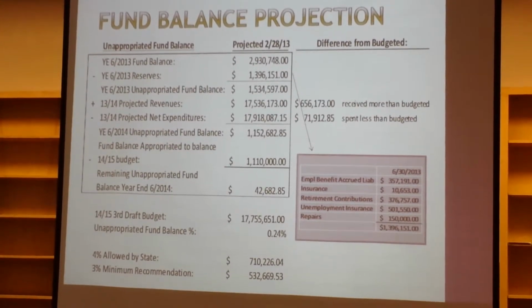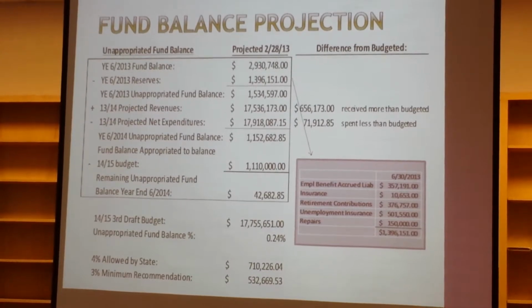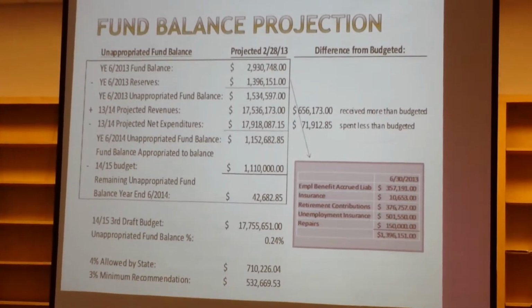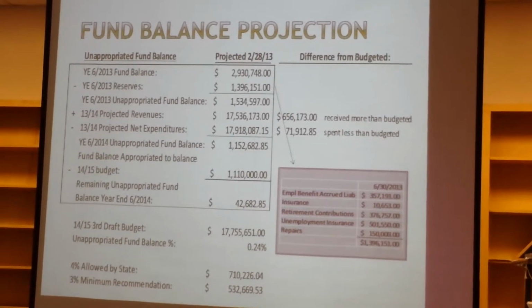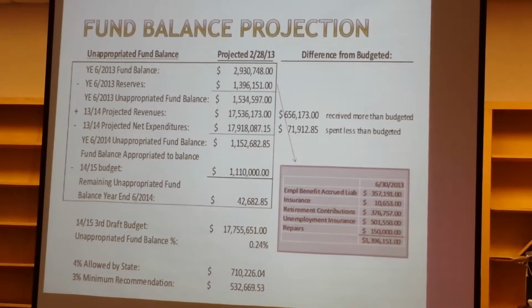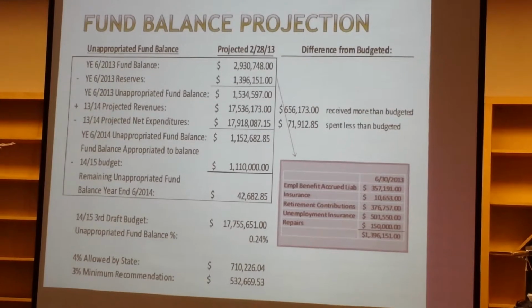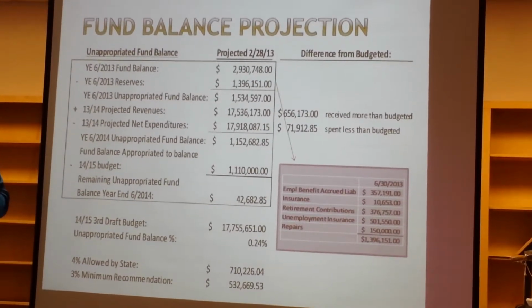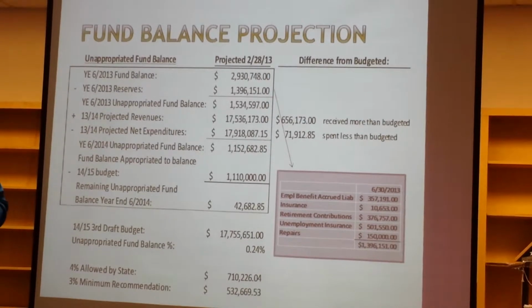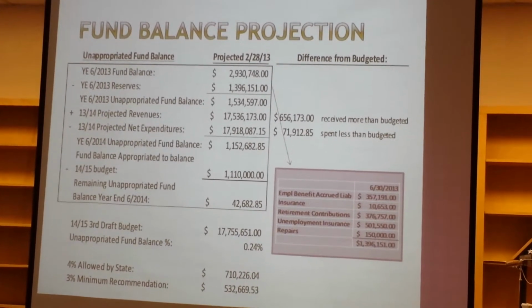And this is what we were left with at the end of June for unappropriated funds. From that, we take this year's projected revenues and we subtract out our expenditures, and we're left with this year's proposed or assumed unappropriated fund balance. So we're looking at about 1.1 million to have left this year.